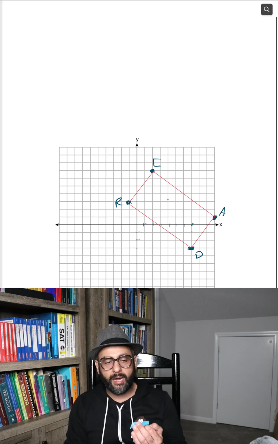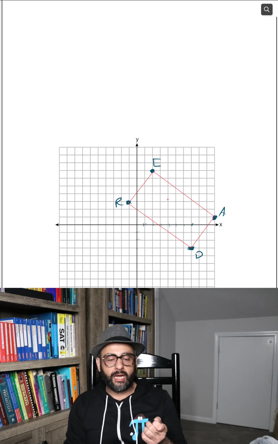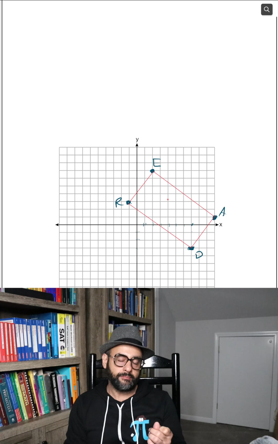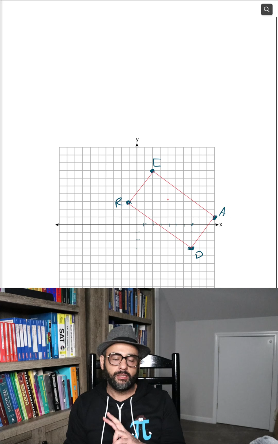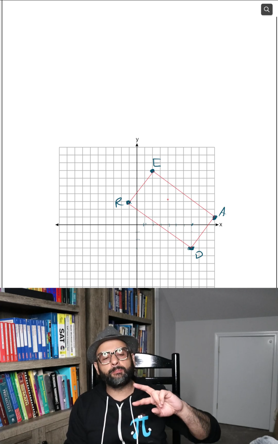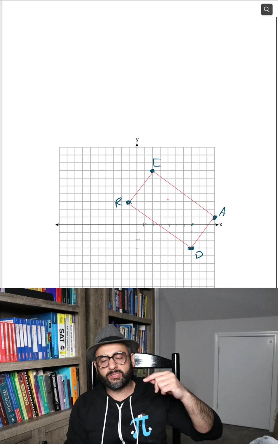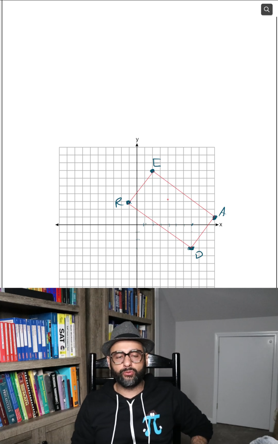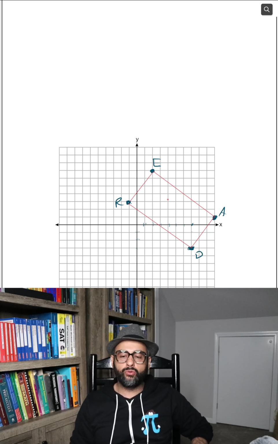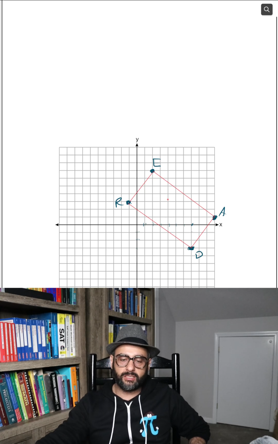So because I know how to calculate the slopes pretty easily, I'm going to do this by the slopes. Because the slopes will prove simultaneously that opposite sides are parallel, and because perpendicular sides have slopes that are opposite reciprocals of each other, it's also going to prove that one pair of sides is perpendicular.